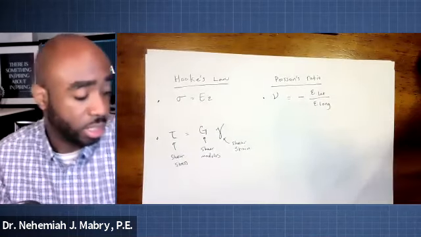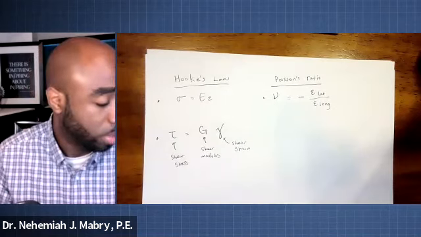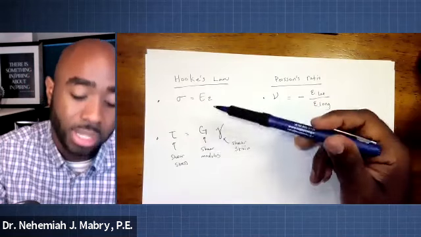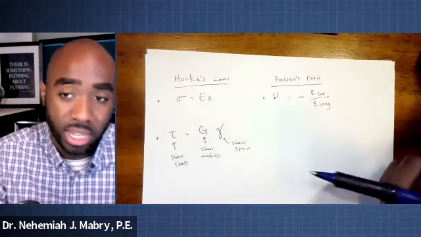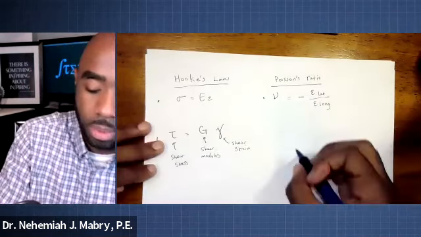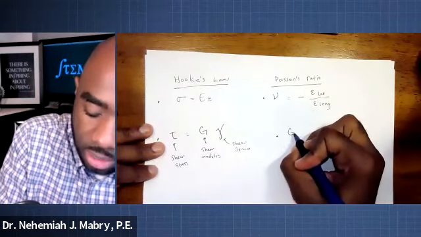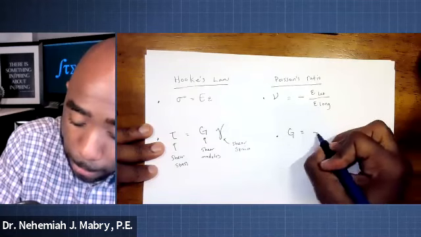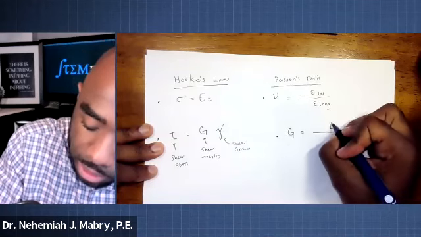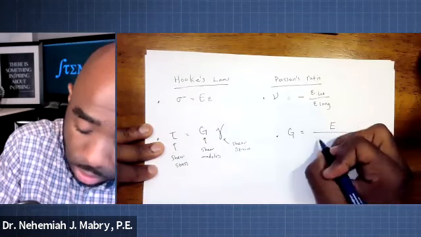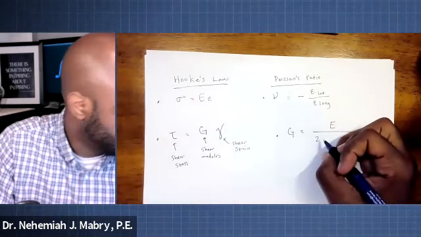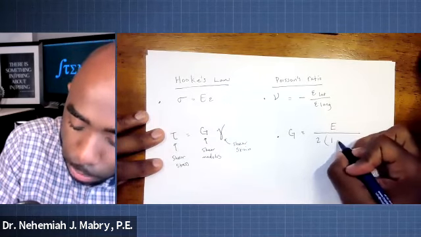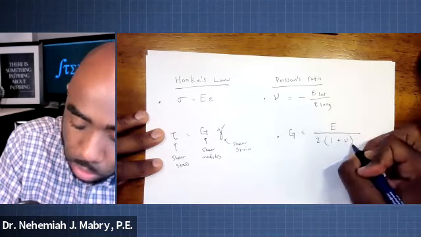And then one more relationship, this last equation I'm going to show you. It helps you to know the relationship between the shear modulus and the modulus of elasticity, E. And this equation looks like this. G, the shear modulus, is equal to the elastic modulus over 2 times 1 plus mu.